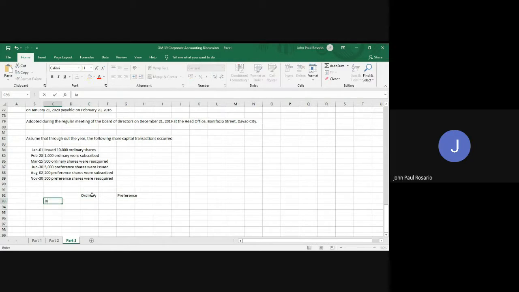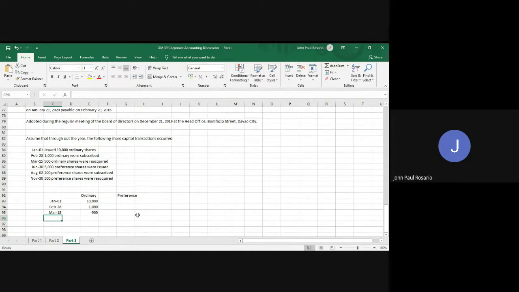So on January 1, you have 10,000 issued, then Feb 28 an additional 1,000 subscribed, then on March 15, 900 treasury. We won't include the treasury shares among those allowed to receive dividends, because only the outstanding shares can, which is 10,000 minus 900, plus the subscribed shares.